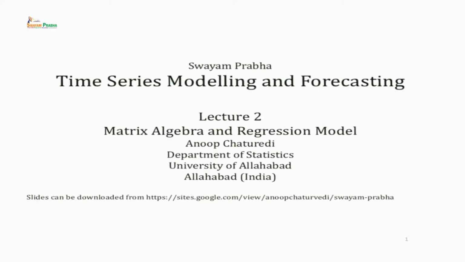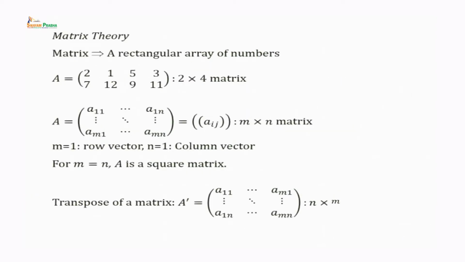For detailed derivations, you may consult any good matrix algebra book, and then I will also discuss the simple linear regression model and multiple linear regression model, and the method of least squares, and some other aspects of the multiple linear regression model. Again, you will require all these things during the course. So, first in brief I will discuss some results of the matrix algebra.